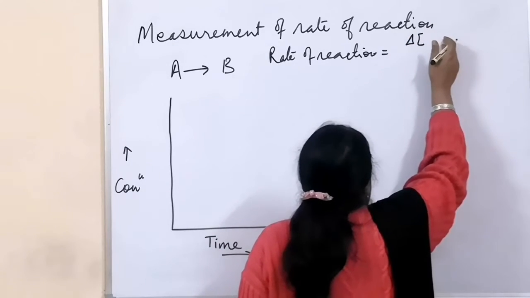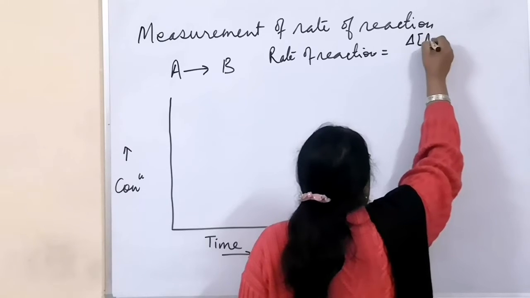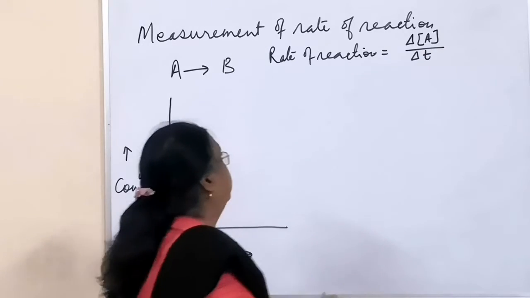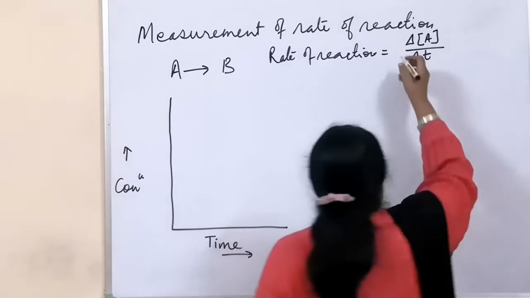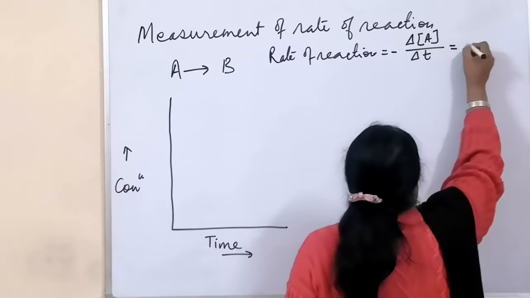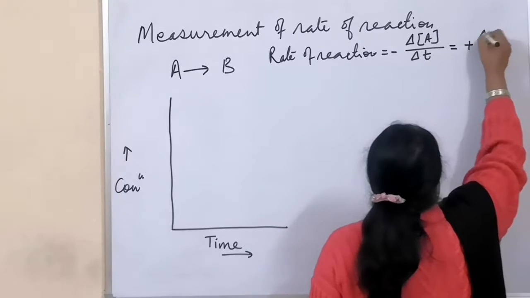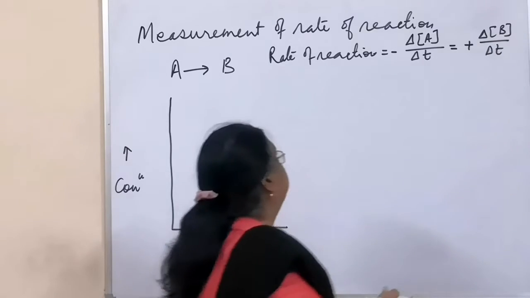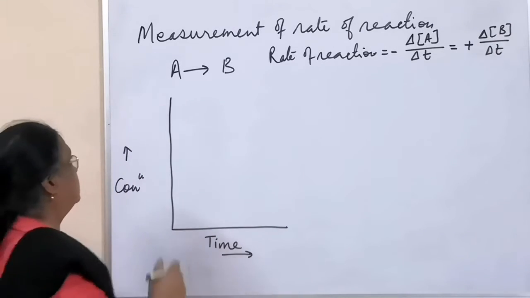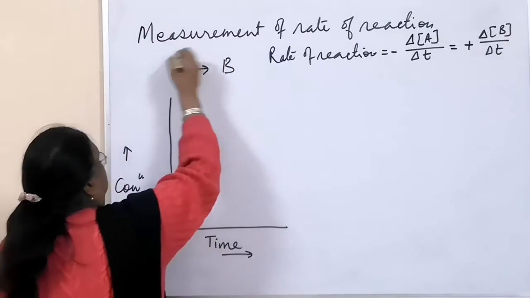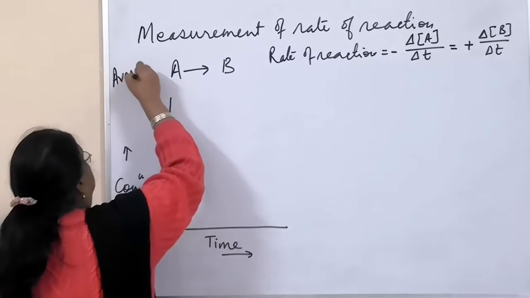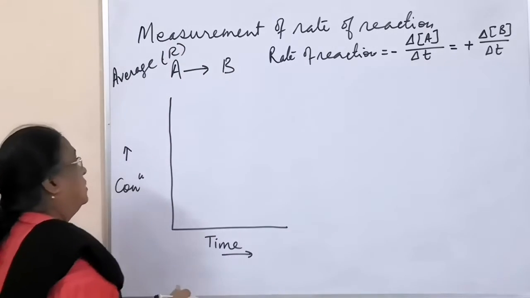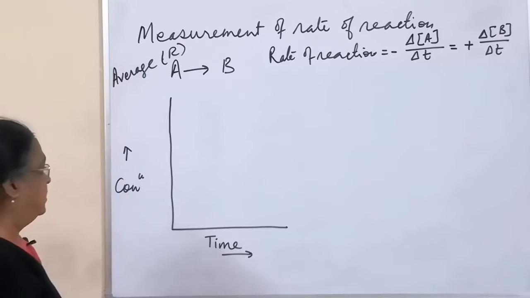If I talk about the average rate of reaction, it is the change in concentration of A upon the total time, and this is in terms of reactant and this is in terms of product. That we have seen in the last class. So this is the average rate of reaction. So first I will do it for the average rate of the reaction.